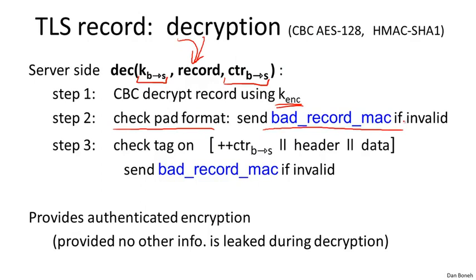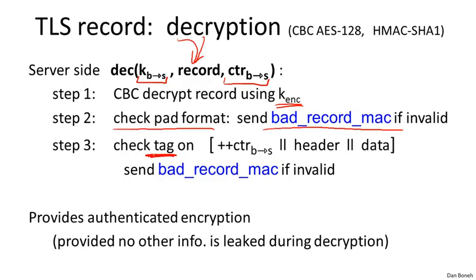If the pad format is correct, then removing the pad is really easy. All the server does is look at the last byte of the pad, say the last byte is equal to 5, and then remove the last 5 bytes of the record. By doing that, it strips off the pad. The next thing it's going to do is extract the tag from the record. So this would be the trailing bytes in the record after we remove the pad.